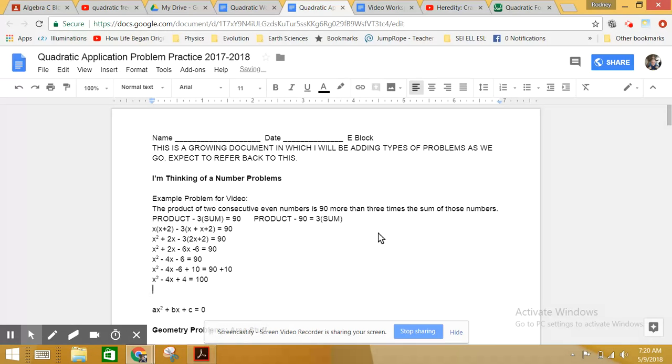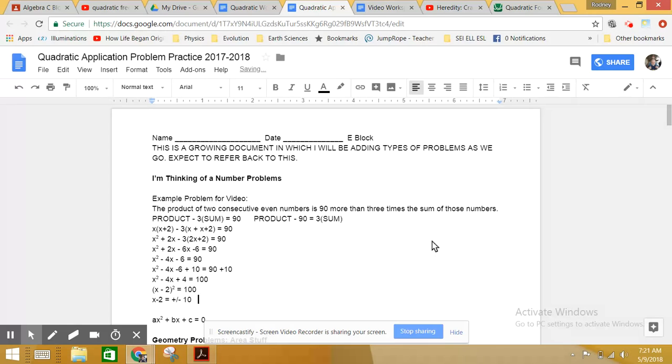So now I factor this perfect square over here. x minus 2 squared equals 100. And then I take the square root of both sides. So x minus 2 is the square root of that side, and plus or minus 10 is the square root of the other side.